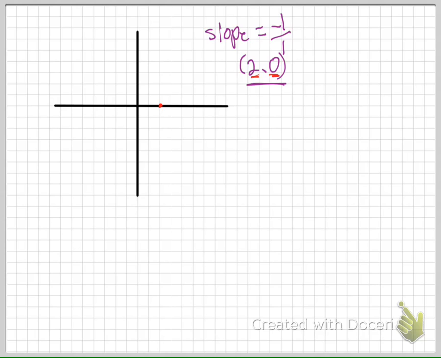So I'm going to go down 1, and then we run 1, so positive, and that gives us our new point right here. So a rise of -1, a run of +1. Connect those 2 points.